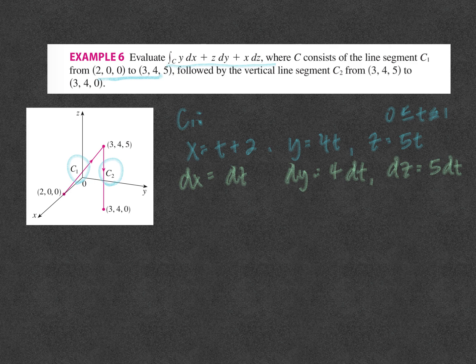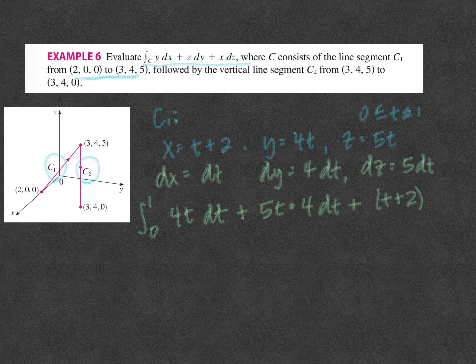Now we're going to say the integral over the space c of y, our bounds are in terms of t from 0 to 1, and then we have y dx. So y is 4t, and dx is just dt, plus z, which is 5t, times dy, which is 4 dt, plus x, which is t plus 2, times dz, which is 5 dt.